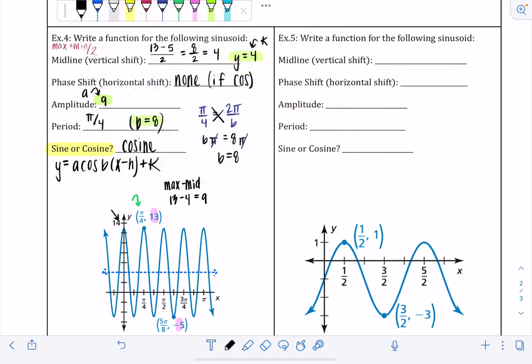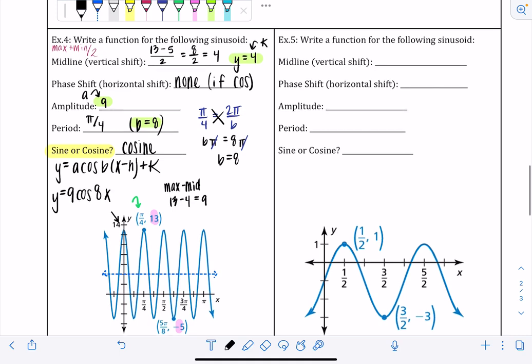And then we decided to do cosine, so there's no phase shift. So altogether it'd be y equals a, so 9, and then cosine of b, so 8, and then x, no parentheses because we don't have an h value, and then plus the midline, so plus 4. So y equals 9 cosine 8x plus 4.